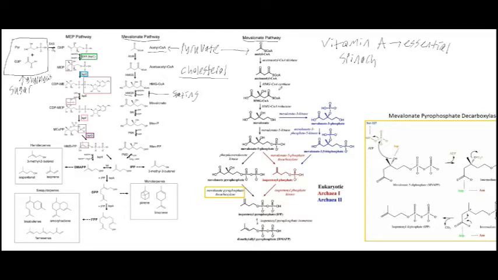Then through the HMG-CoA synthase, we add another carboxylic acid group onto it. And this double bond oxygen becomes a hydroxyl group. Through the reductase, we remove this acetyl-CoA and turn this into another hydroxyl group.